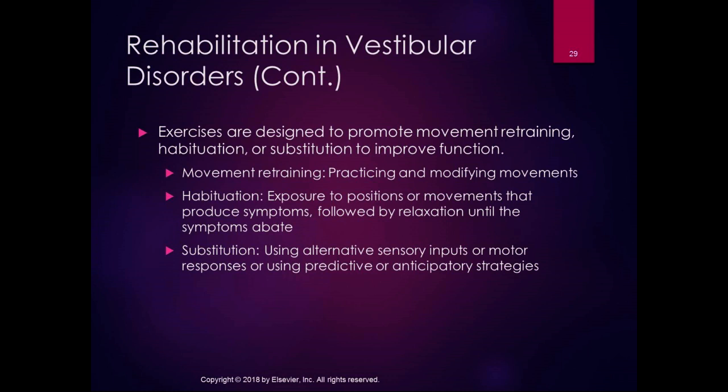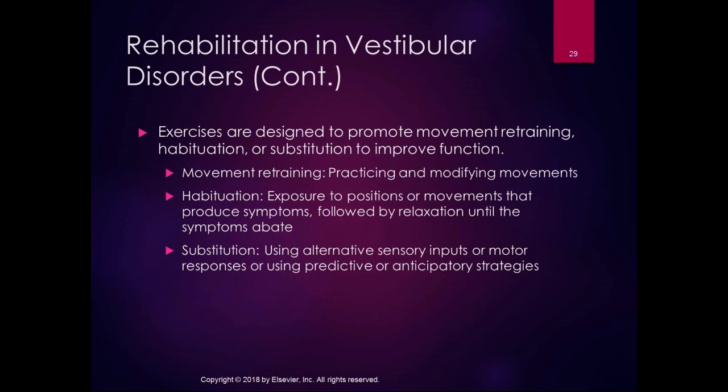Substitution is using alternative sensory inputs or motor responses, or using predictive or anticipatory strategies. So you're relying more on your other senses, your vision or your proprioception. It's the same theory behind someone with vision loss using other sensory inputs to guide their movement.